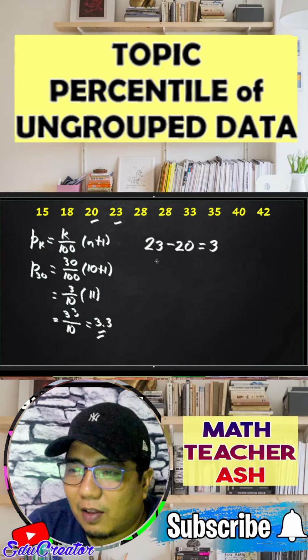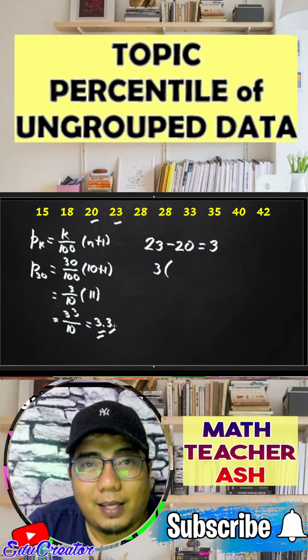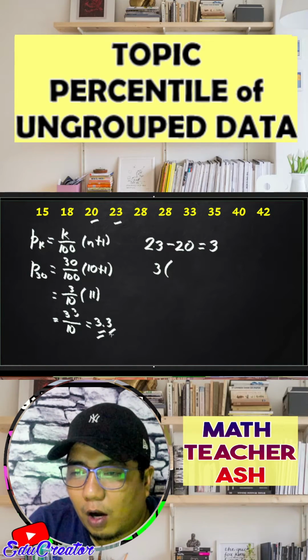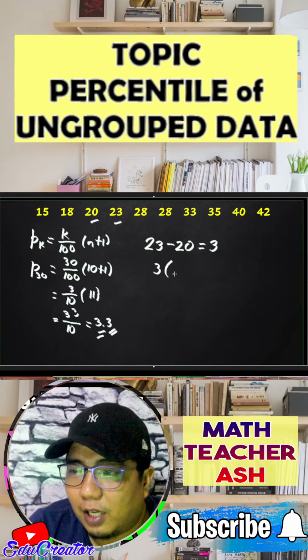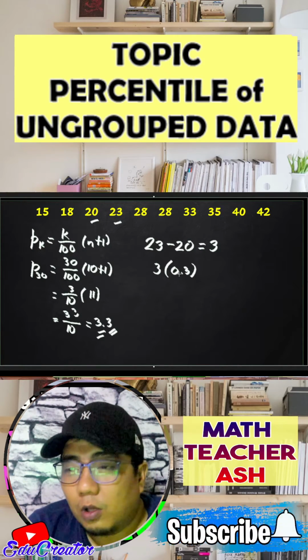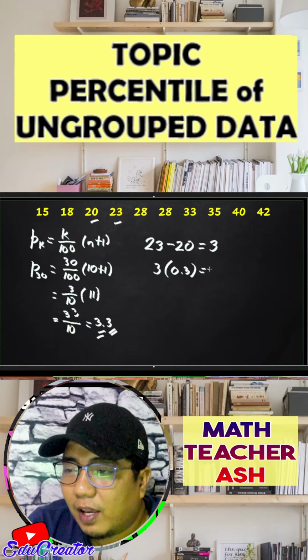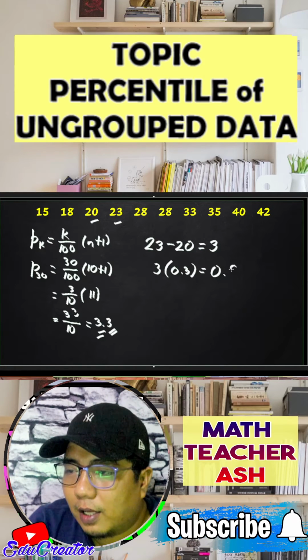Then you multiply it by the decimal part of our 3.3, and that is 0.3. So you multiply it to our result in step 1, giving us 0.9.